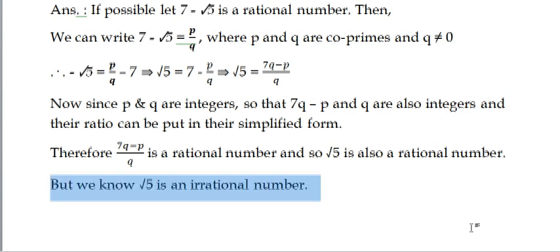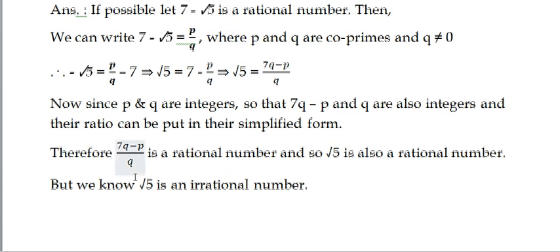Now here is the confusion. As per our consideration we have proved root 5 is a rational number, but we know root 5 is an irrational number.